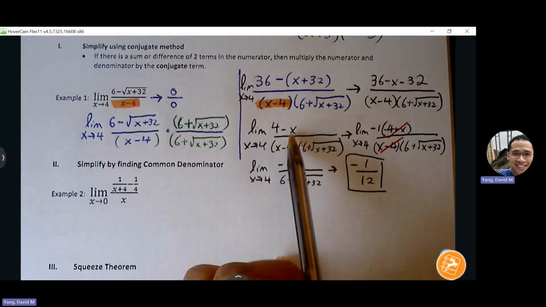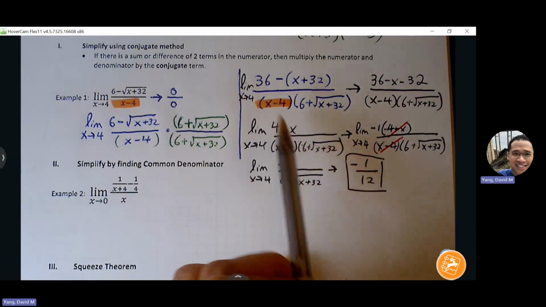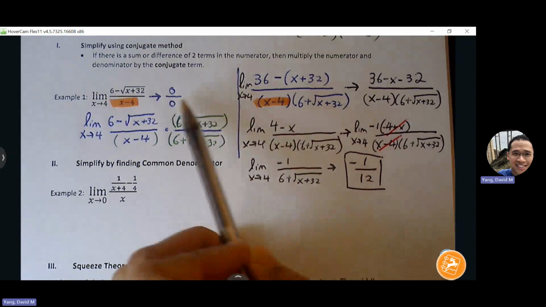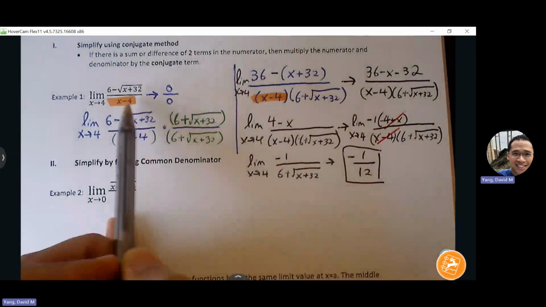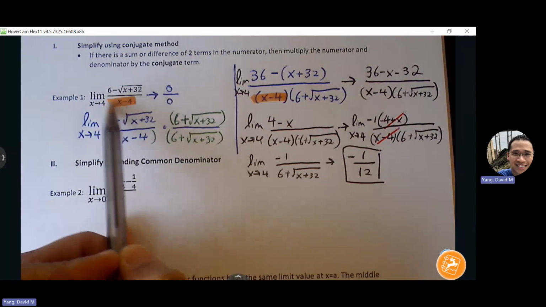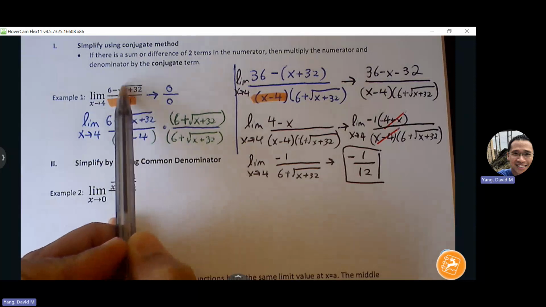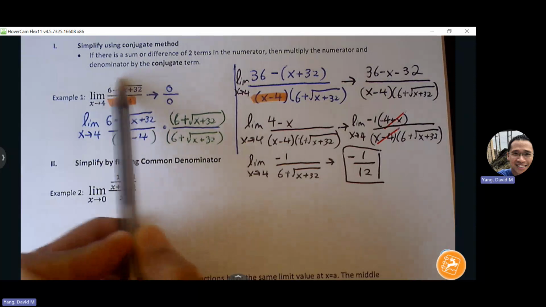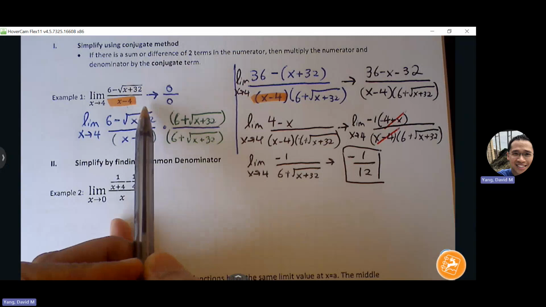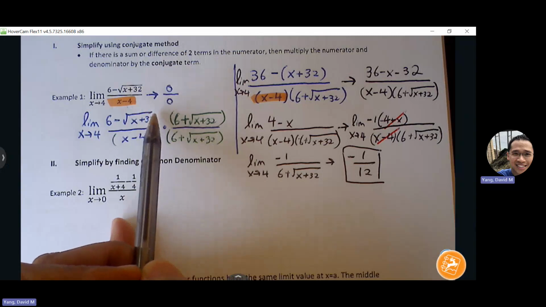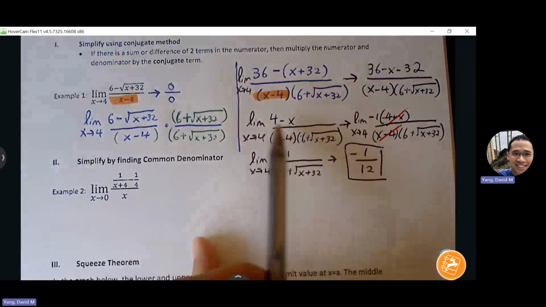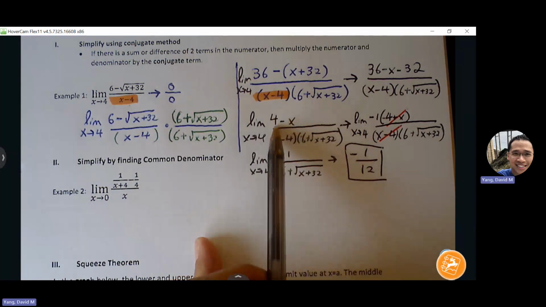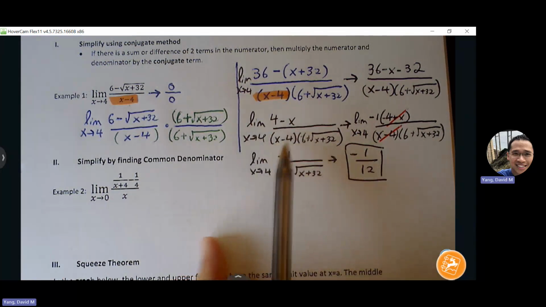If we don't get this to show up, that means we know that we did something incorrect. So you know that if you get a 0 over 0, your numerator must produce some version of x minus 4 above, because if you don't get that to show up, then that's a red flag for you to go back and see, okay, what did I do wrong? Because I know there must be an x minus 4 or some version of it that shows up, because I'm guaranteed to have a hole that can cancel out.